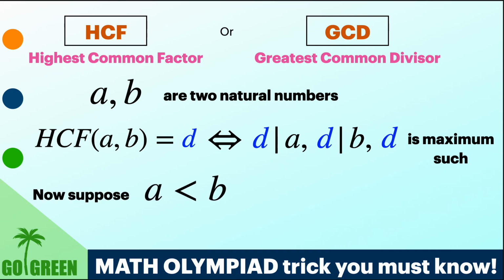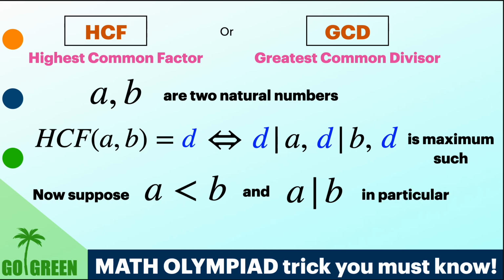We can always take A less than B without loss of generality, so one of the numbers is smaller. Now think of a special situation where A divides B, the smaller number divides the bigger number. This bar is the notation for dividing: A bar B means A divides B.